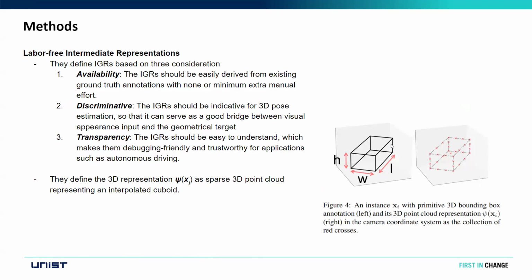For example, when given bounding box annotation only, they define IGRs as a set of points on the bounding box with a fixed ratio. Second, discriminative: the IGR should be indicative for 3D pose estimation so that it can serve as a good bridge between visual appearance input and geometric target. Third, transparency: the IGR should be easy to understand, which makes it debugging friendly and trustworthy for application.